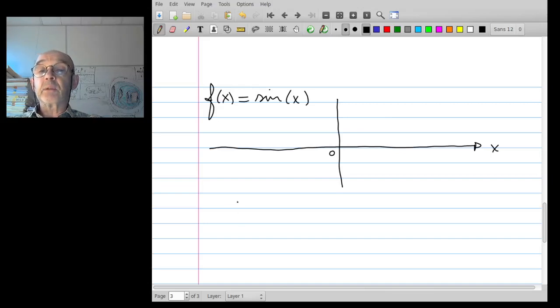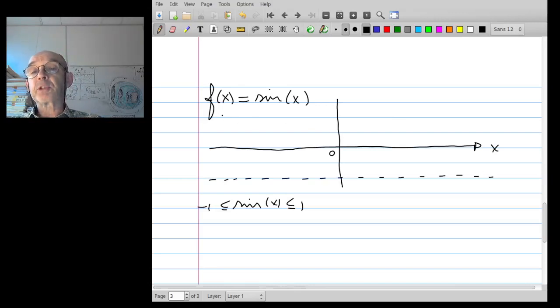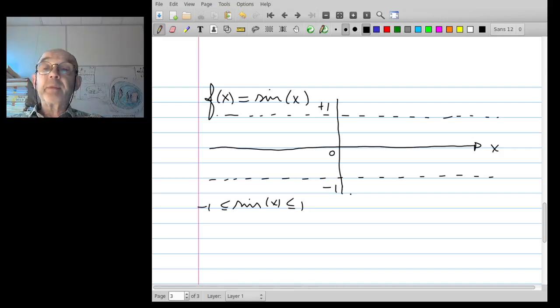I know that the sine of x is always less or equal to 1 and greater or equal to minus 1. So I can already give some bounds. In a certain sense, I know already where my range will be. That will be between minus 1 and 1. Now, if you fill in 0, the sine of 0 is equal to 0.